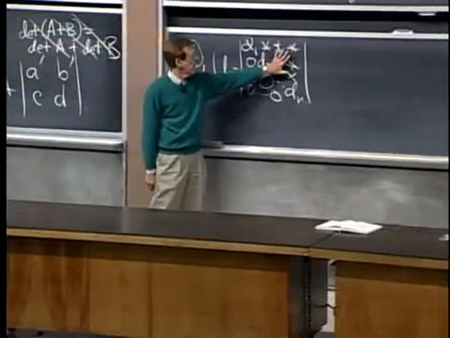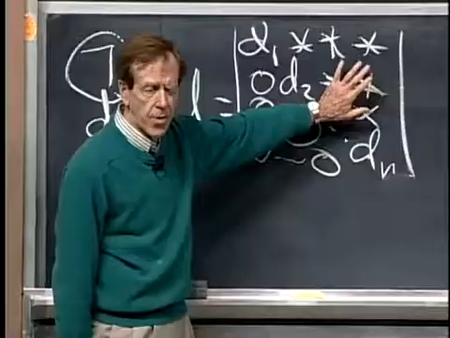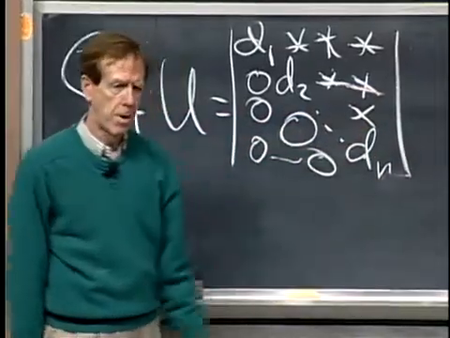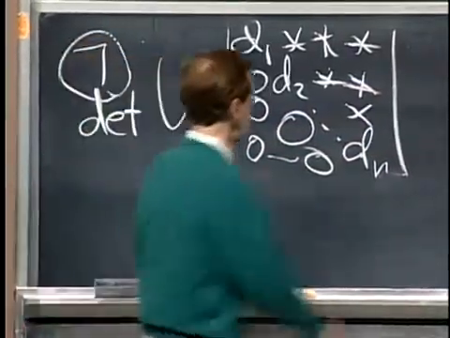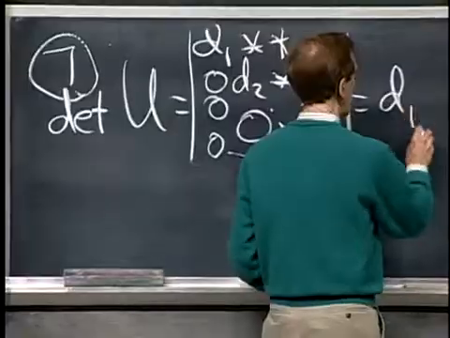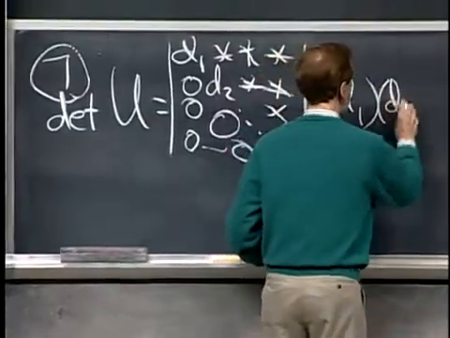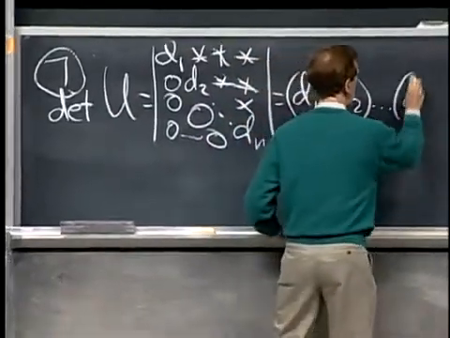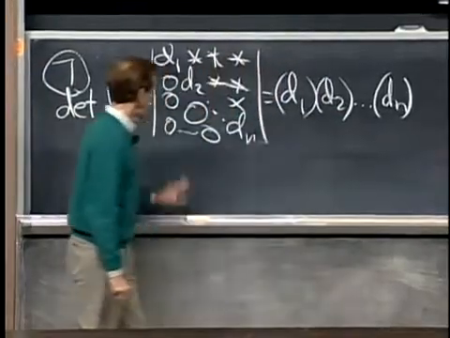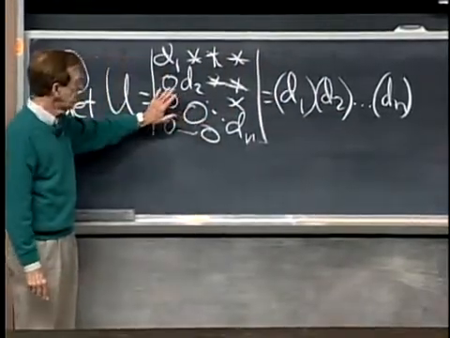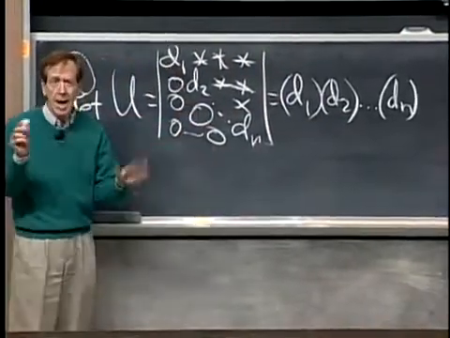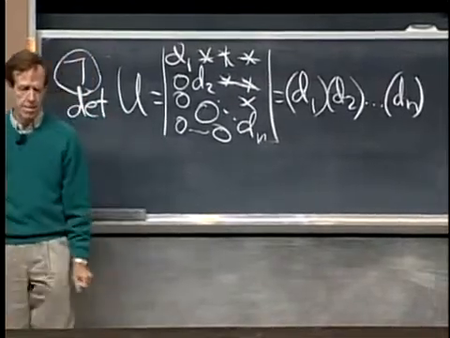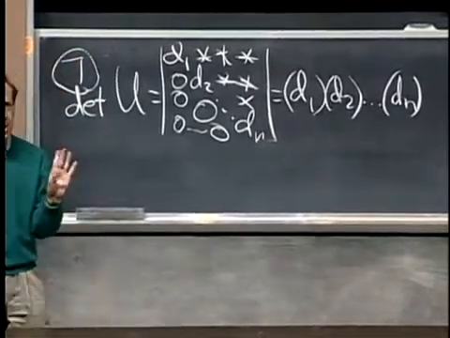These things that I don't even put in letters for, because they don't matter. The determinant is d1 times d2 times dn. If I have a triangular matrix, then the diagonal is all I have to look at.